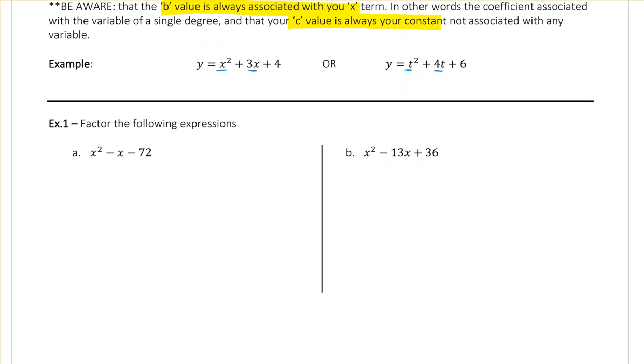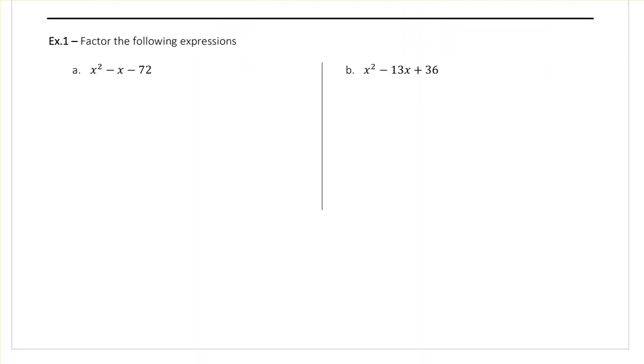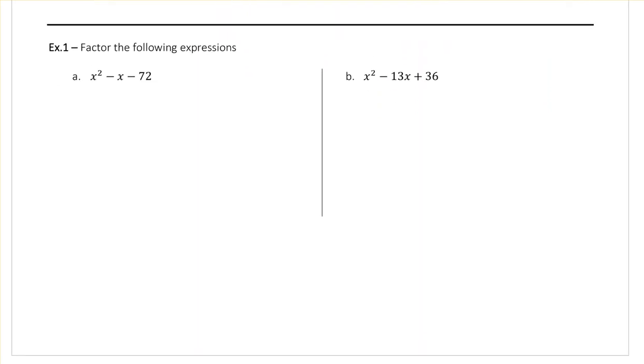I'm going to go through a number of examples. The first one we're going to do in detail, and each one after that we'll do a little bit less, but we're going to follow the same pattern, and that's the same thing you have to do for every problem. So factor the following expressions. You can notice that these are in standard form.